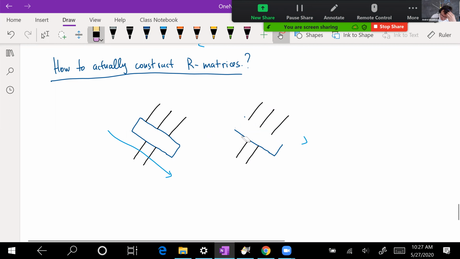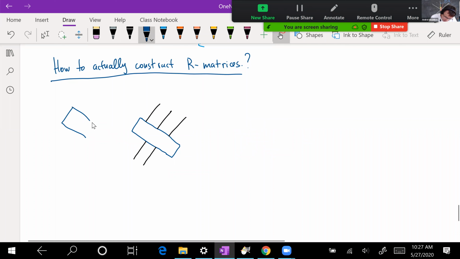Sorry, I'm having a technical difficulty here. So R matrix is an example of this. It's an example where I have two inputs and one output. In particular, an R matrix is a special case where we're ignoring what's happening here. So here comes the in and out, and then inside the cross. This is a special case.